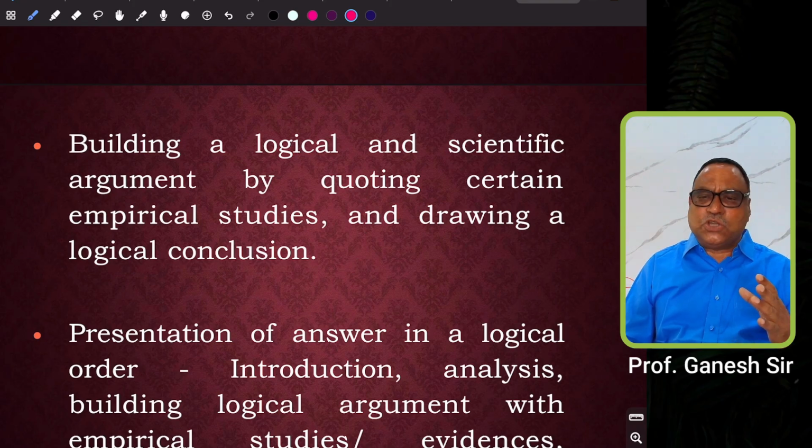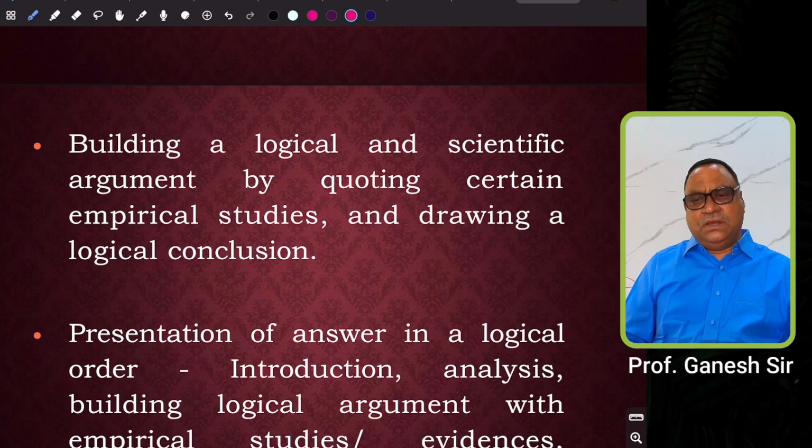Similarly, when we talk about family, marriage and kinship system, there are certain studies conducted by Indian sociologists like D.N. Majumdar, K.M. Kapadia, Irawati Karve, then G.S. Ghurye. So the empirical studies of these thinkers can be mentioned if a question is related to the family, marriage and kinship system.